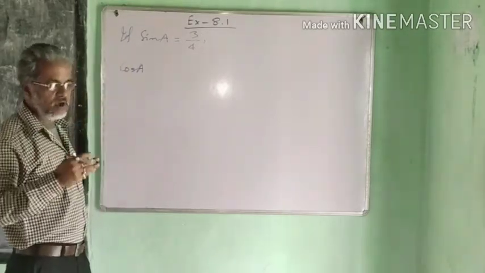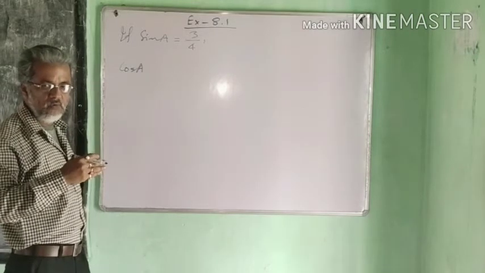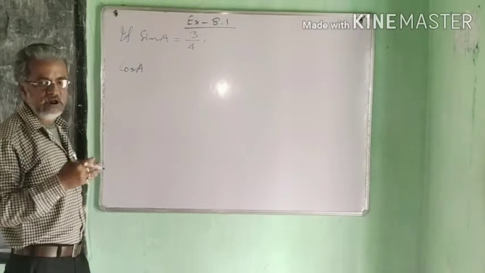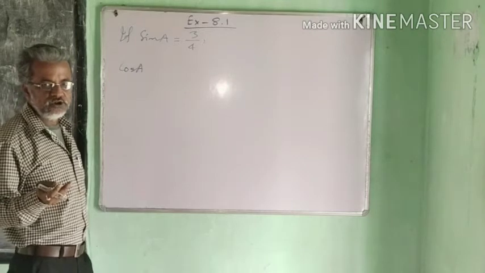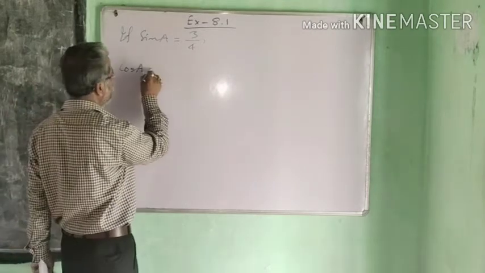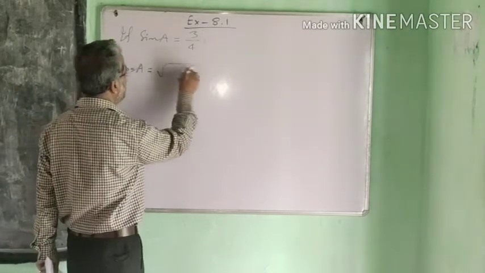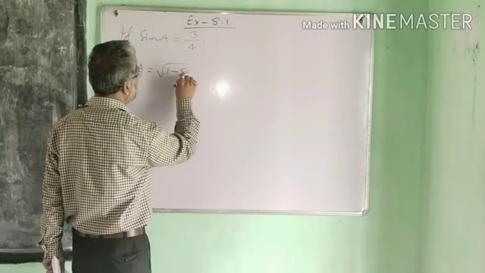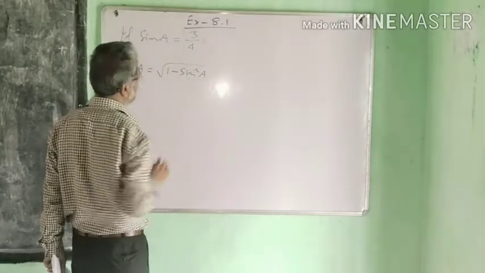From that formula, we get cos square A is equal to 1 minus sin square A. So cos A is equal to root over 1 minus sin square A.